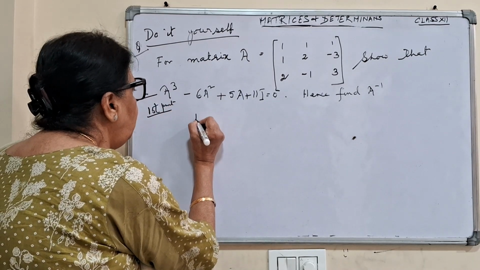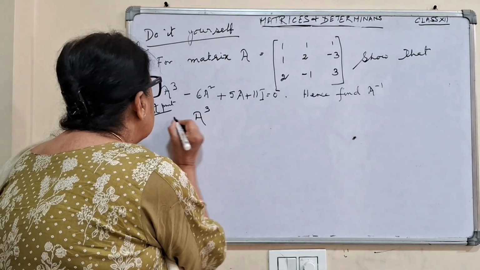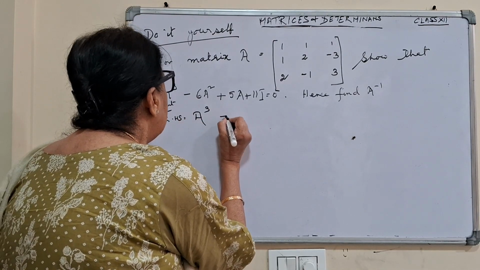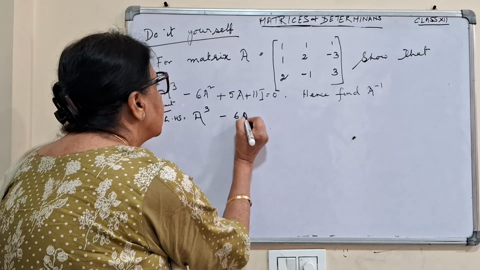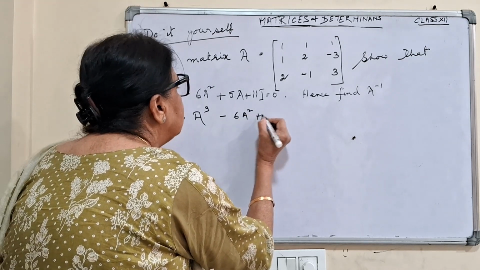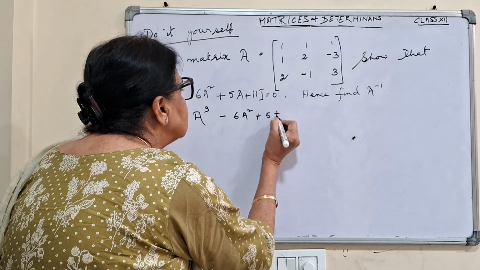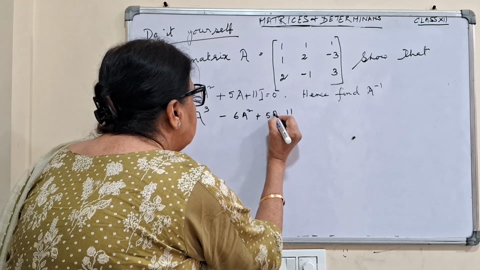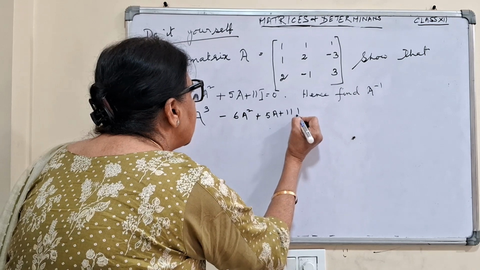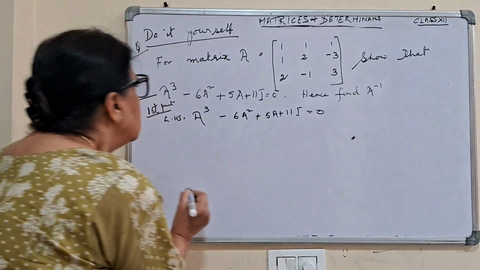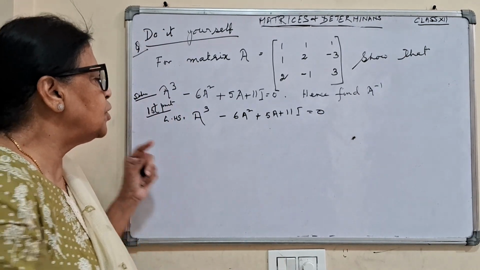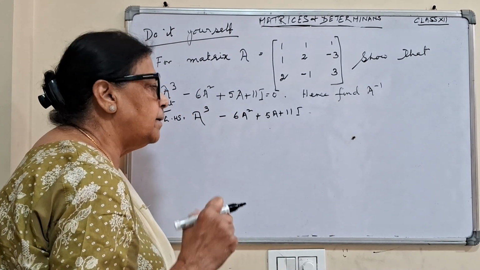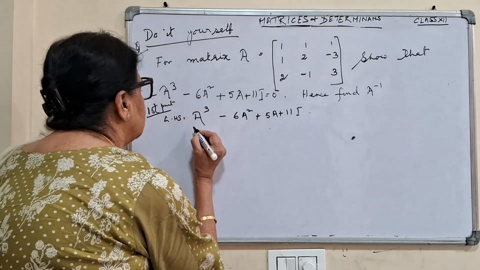The first part: LHS is A cube minus 6A square plus 5A plus 11I, and the right hand side is 0. What will you do here?